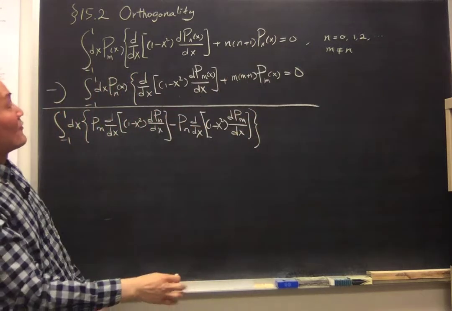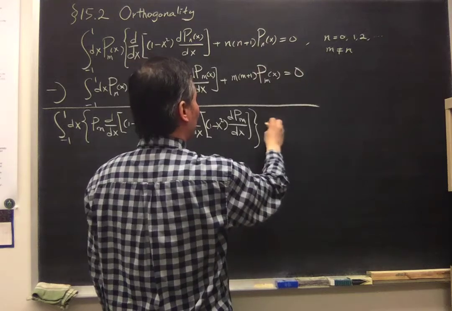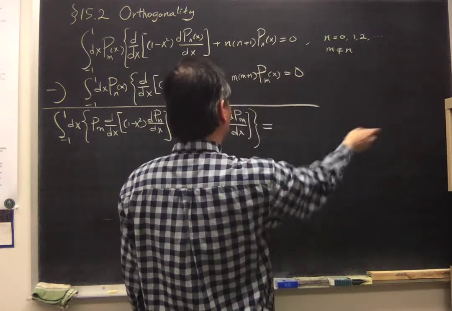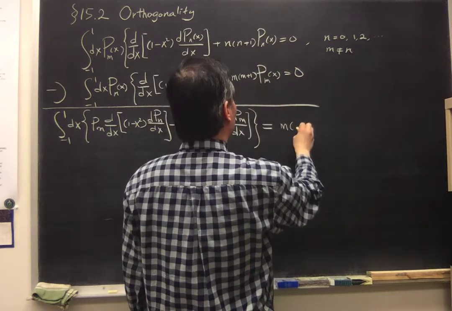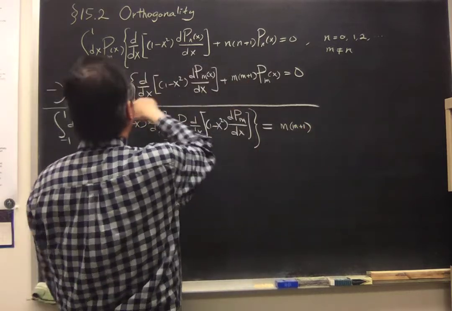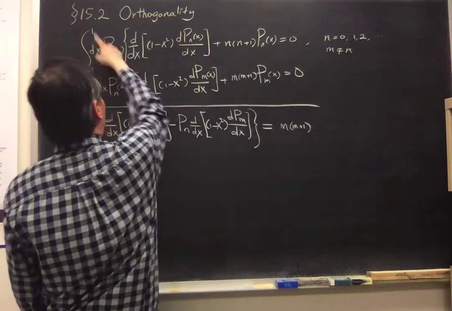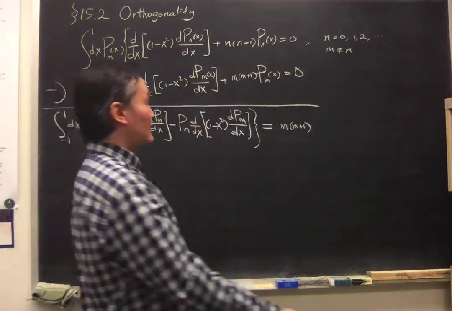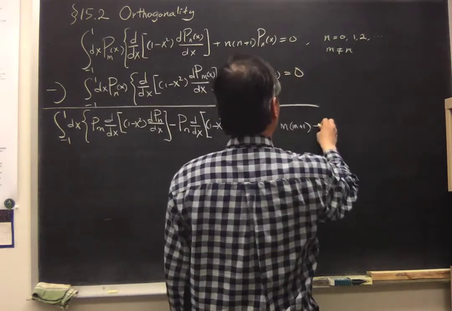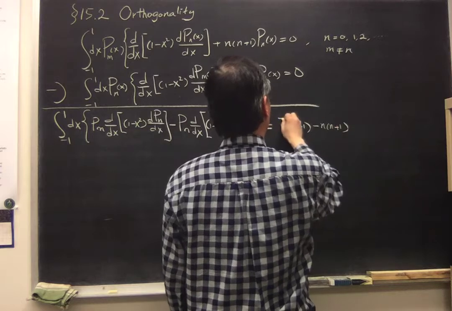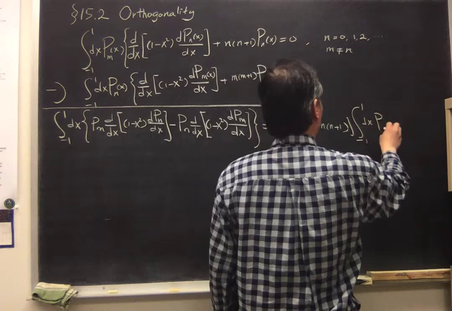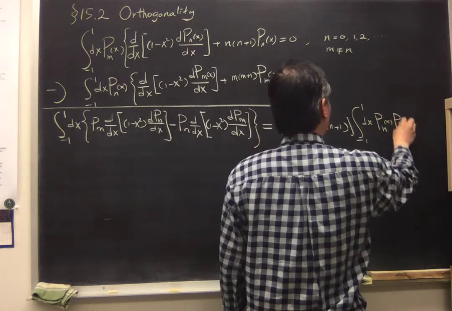We can move the eigenvalue terms to the right-hand side, so it becomes m times (m plus 1) minus n times (n plus 1), and both terms involve P_n times P_m, integrated from x equals minus 1 to 1.